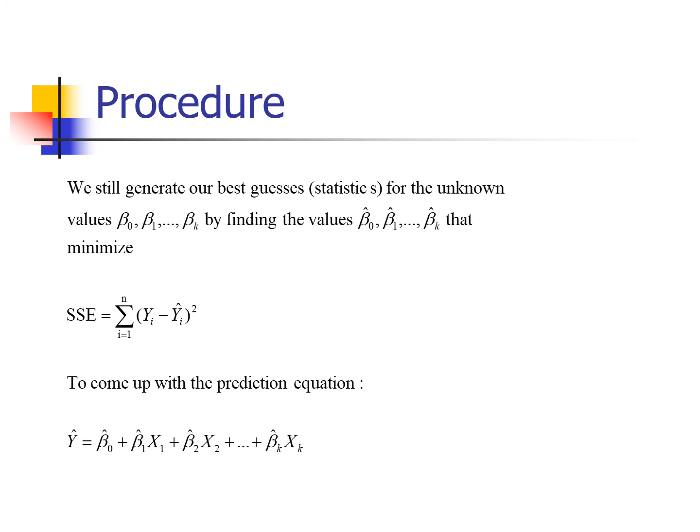So the basic process is we still generate our best guesses. These are statistics for the unknown values beta naught, beta 1, all the way to beta k, by finding the estimates beta naught hat, beta 1 hat, beta k hat that minimize the sum of squared errors. So we're still building an equation. We have 20 variables, but we're still using those 20 variables to come up with a predicted weight for the bear.